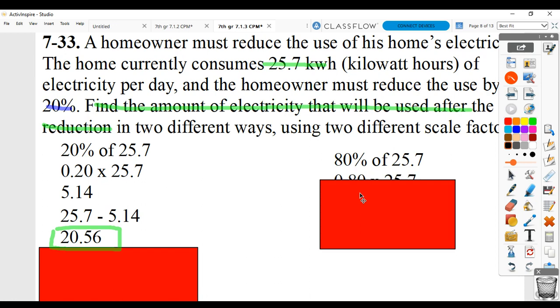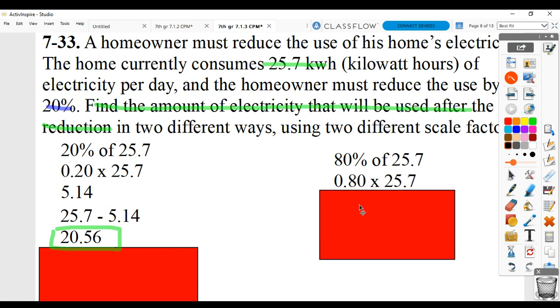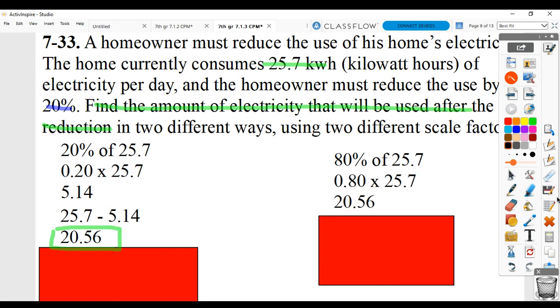So 80% again can be changed to a decimal and multiply, and what you find is that you then get the amount basically in one step instead of two. So both methods will get you the same answer. It's just a matter of what method makes more sense to you, but they want you to be familiar with both ways. Again, if they wanted the scale factor as a fraction, we could have made this 4/5, because 80%, of course, is the same as 4/5 as well.